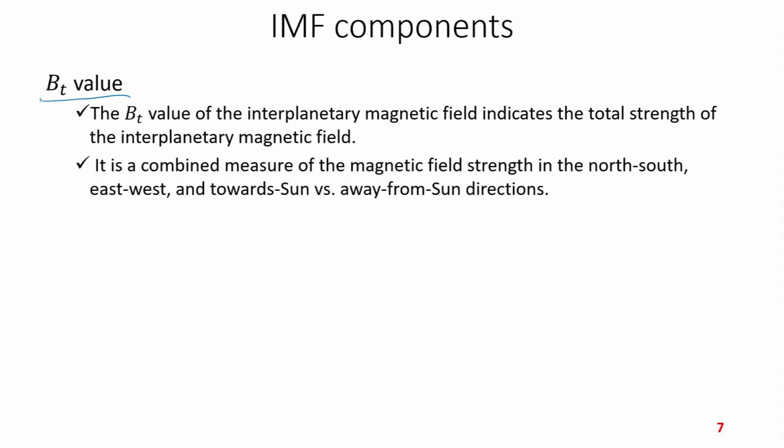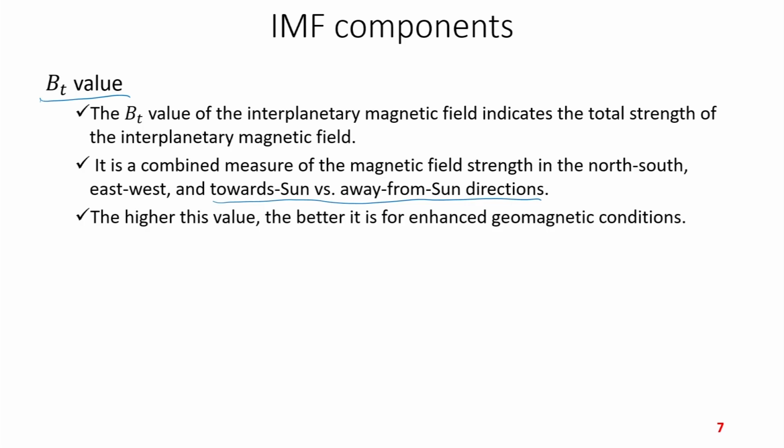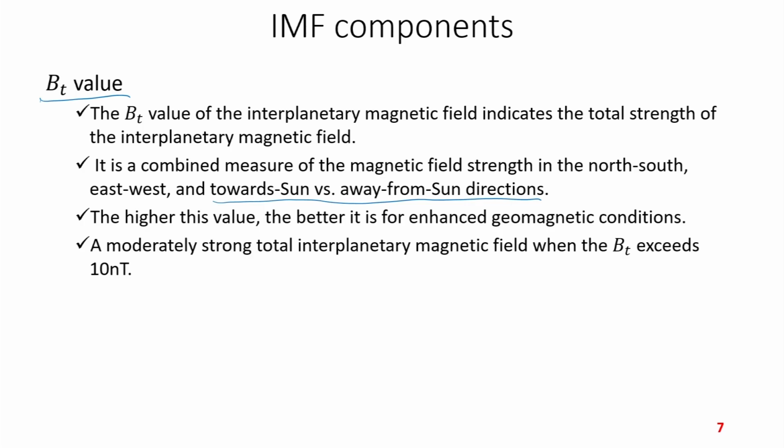It is a combined measure of the magnetic field strength in the north-south, east-west, and towards-the-sun versus away-from-the-sun directions. The higher this value, the more enhanced the geomagnetic activity. A moderately strong total interplanetary magnetic field is when BT exceeds 10, where T means Tesla.